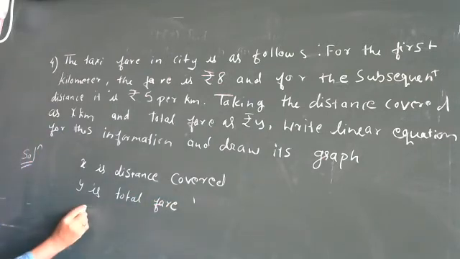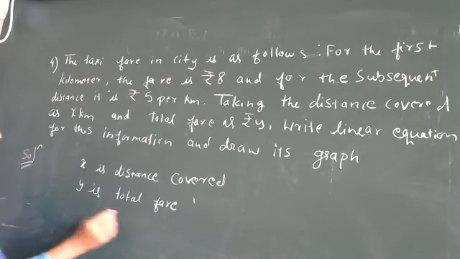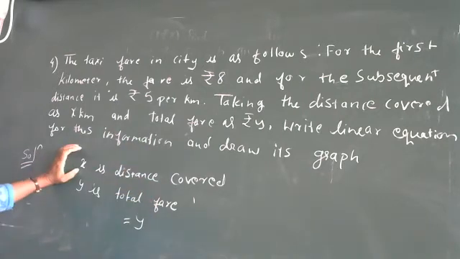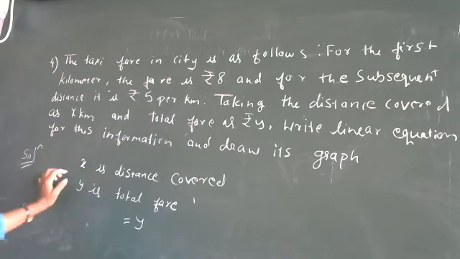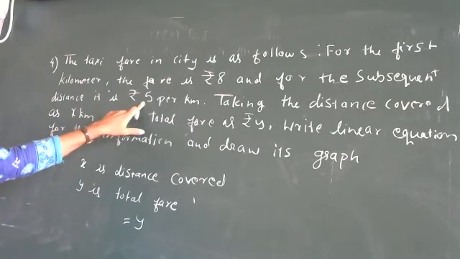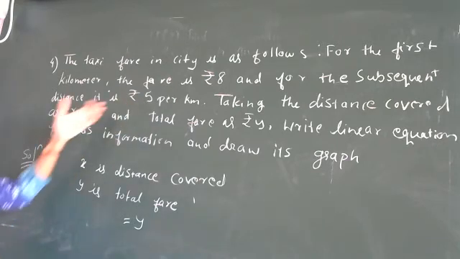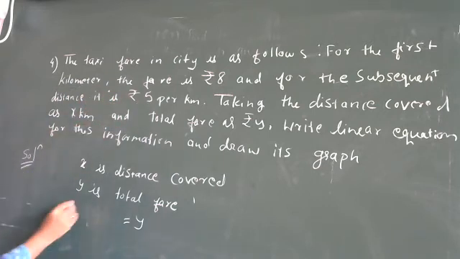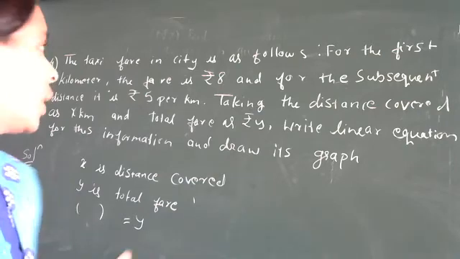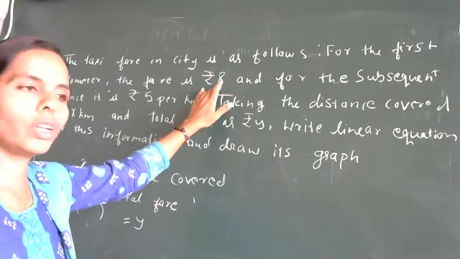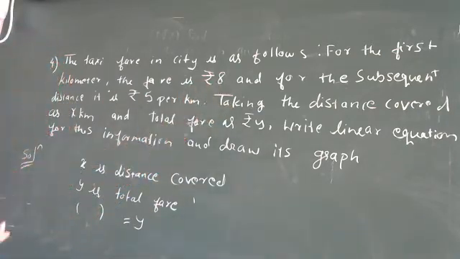Now, when we are writing this, you have to write y on the RHS side. It should be equal with this distance. So here when we are taking x as the distance, we have a charge of 5 rupees per kilometer. But in the total distance, the first 1 kilometer is already charged as 8 rupees. So what we have to do?